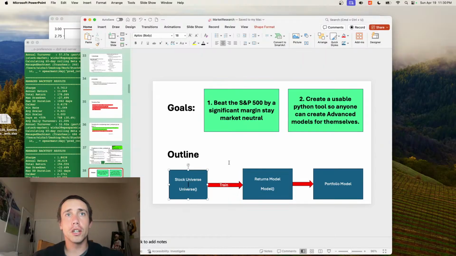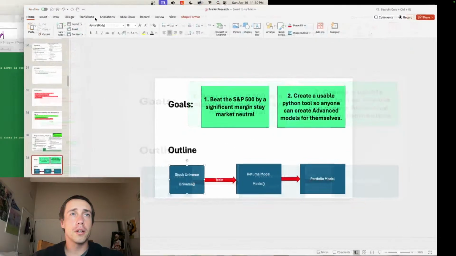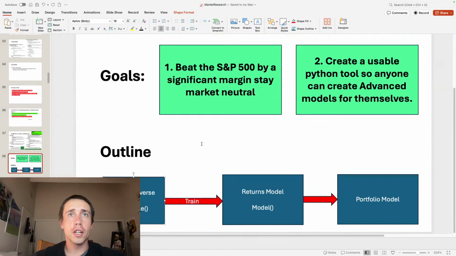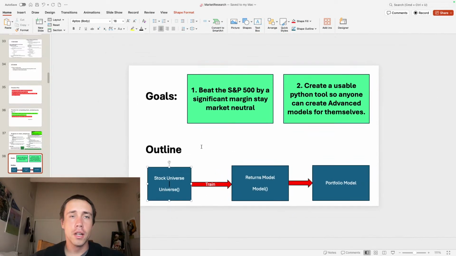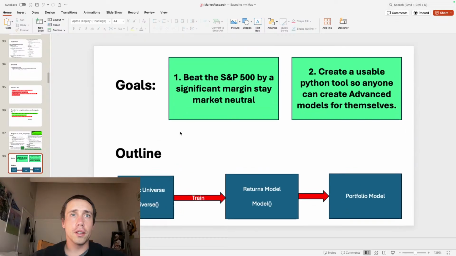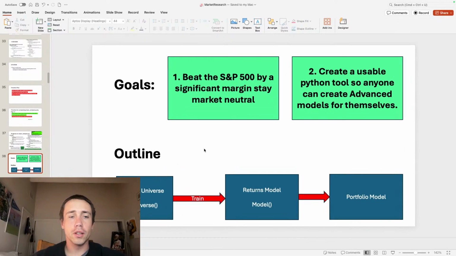So this is the outline for the model down here. The first thing, I have data going back to 2011. You don't want to train it on everything. Specifically, things like low volume stocks aren't going to be good for a model because you can't scale it up. There's also larger slippage in those because there's a bigger bid-ask spread.